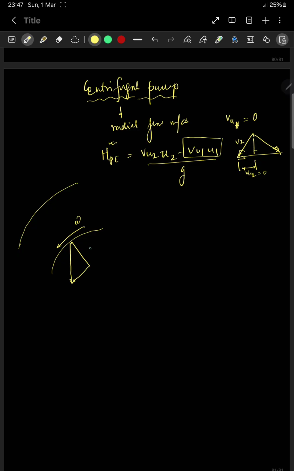This is the inlet velocity triangle, U1, so sorry, V1, W1, right? This is the outlet velocity triangle, U2, V2, W2.